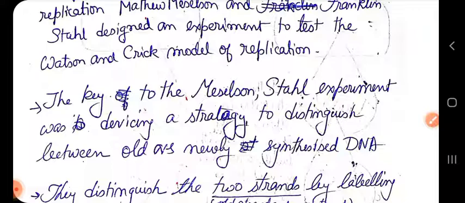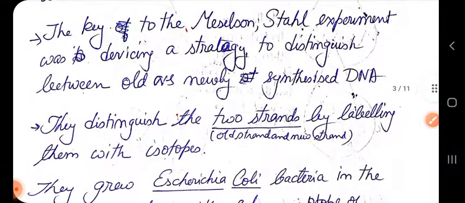And how would they do that? At that time, there was a big contribution of radioactivity and the isotopes that were being used. So they used that strategy to distinguish the two strands, the old parental strand and the newly synthesized strand.